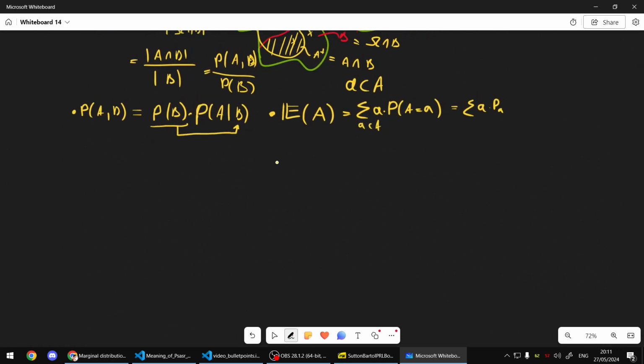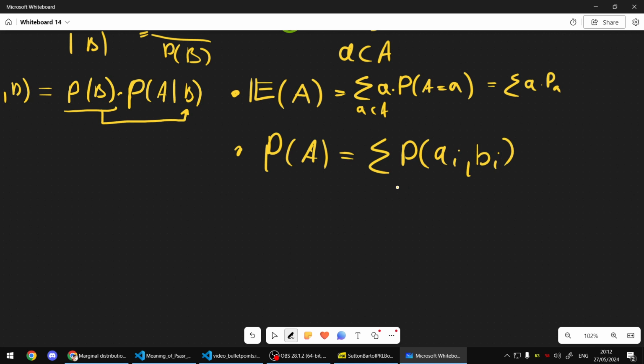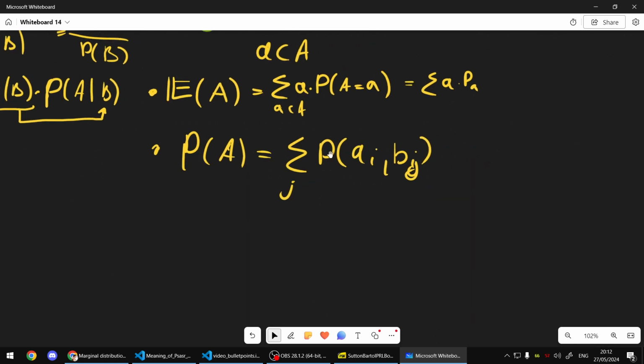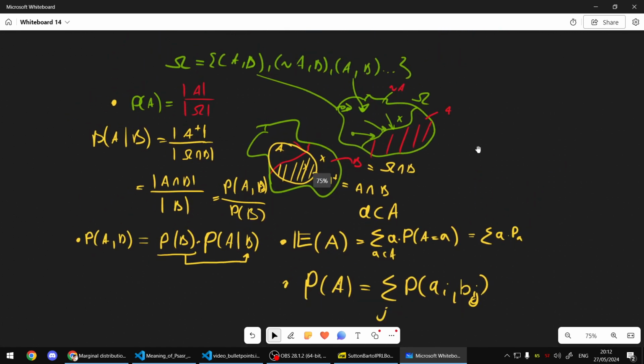I can also write it: probability of A_i, B_j, summed over j. So it's a summation over one axis. And that's pretty much all we will need.